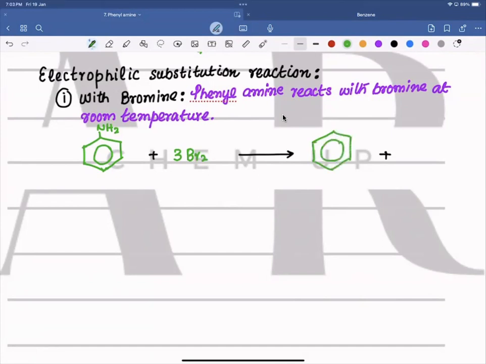As a result, bromine gets substituted at all 3, the 2, 4, and 6 positions, and 3 moles of hydrogen bromide will form.